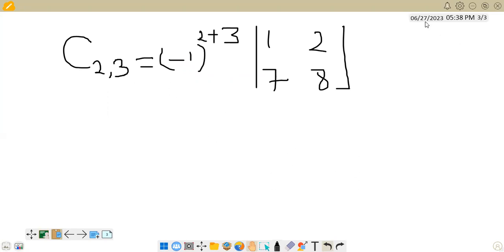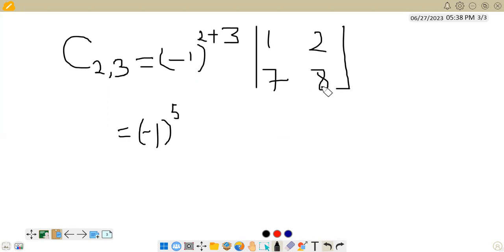Tikatero ndeti tena tipeze determinant yapa. So it will be equal to -1 to the power 5, because 2 plus 3 is 5.